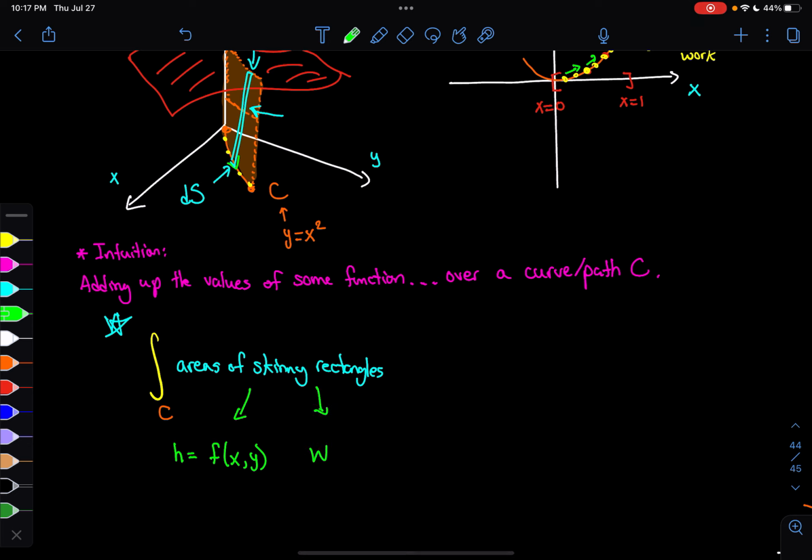The width is going to be ds. It's not dx or dy. And so a line integral is typically denoted as the integral over the path of your function times ds. And you're like, okay, this looks super whack. How do I do this?